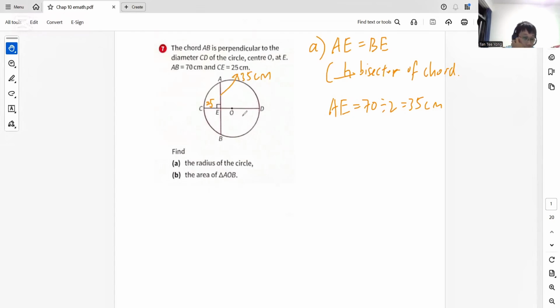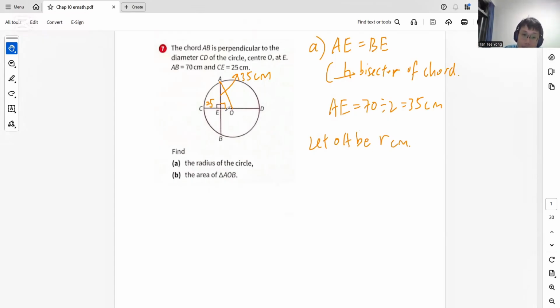Okay, and then they want us to find the radius of the circle. So if you look closely, OA is also the radius of the circle over here, and angle AEO is 90 degrees. So let OA be R cm.